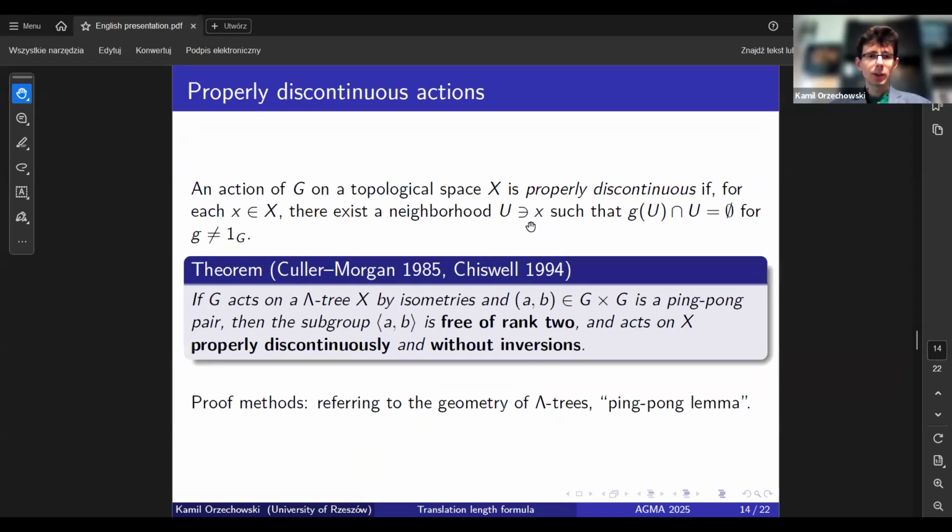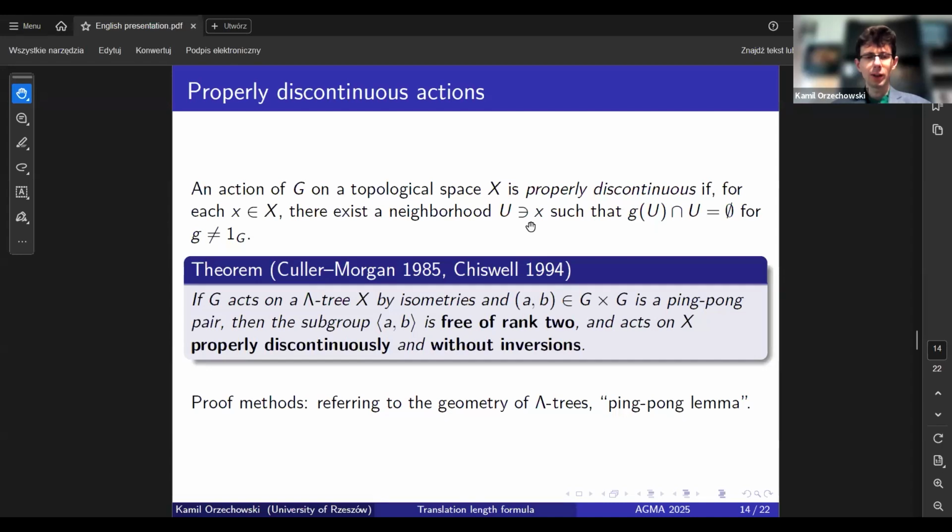They are precisely covering space actions. And Culler and Morgan for R-trees and Ian Chiswell for general lambda proved that if G acts on a lambda tree by isometries and A, B is a ping-pong pair, then the subgroup generated by A and B is free of rank 2 and acts on X properly discontinuously and without inversions.